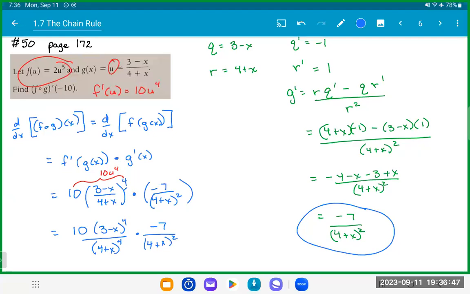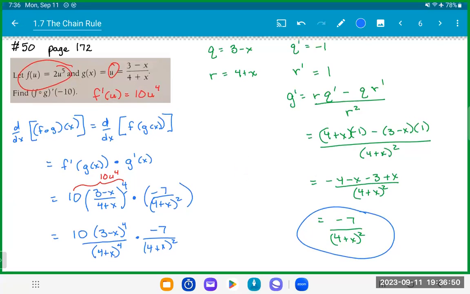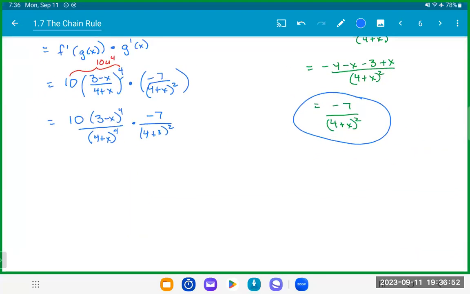So finally, we have a common denominator here. This is going to give us 4 plus x, 4 plus 2 is 6. When they're multiplied by each other, you add the exponents. When they're raised to a power, you multiply them. So in this one, we're just adding those two exponents. We can then take 10 times negative 7, which is negative 70, and then (3 minus x) to the fourth.